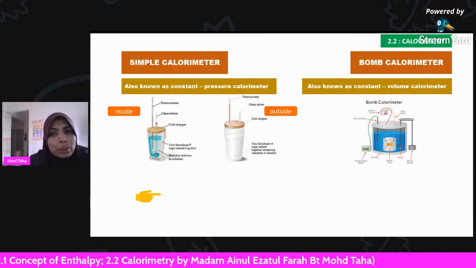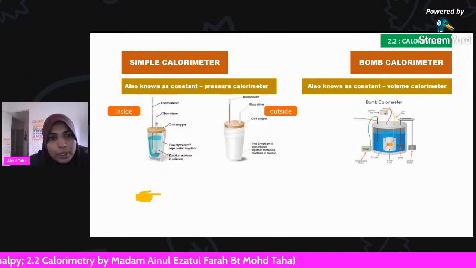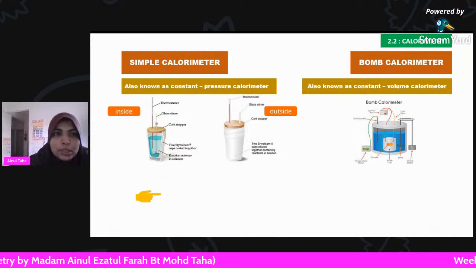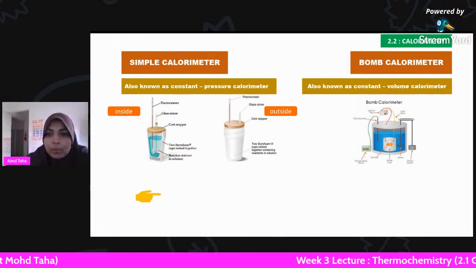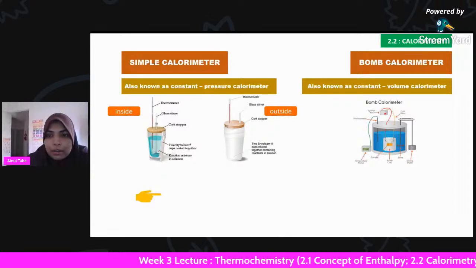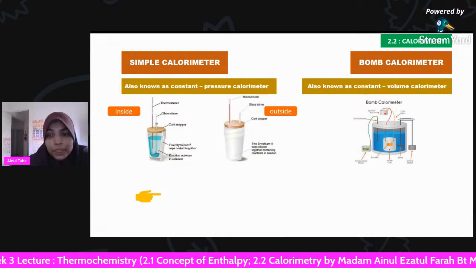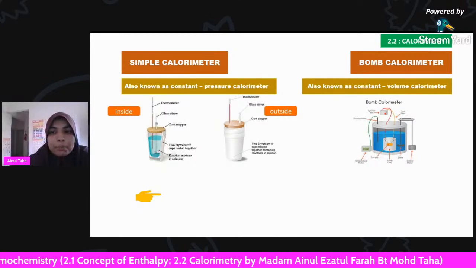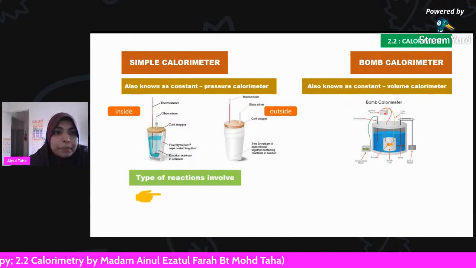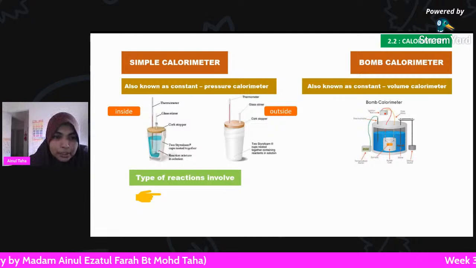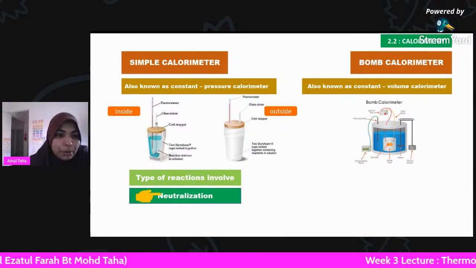It is more complicated compared to the simple calorimeter, because the equipment is complex, and it involves a type of reaction like combustion. That's why we use the bomb calorimeter. For the simple calorimeter, the type of reaction involved is neutralization.